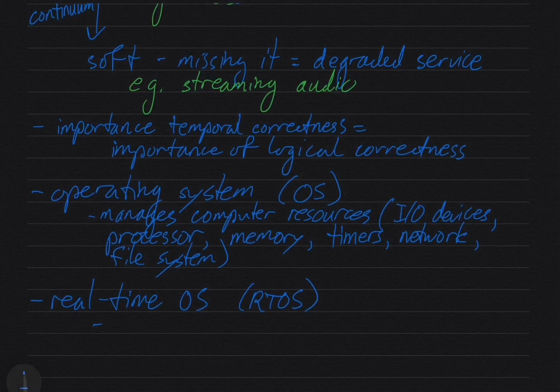So for a real-time OS, it must be able to guarantee deadlines. So typically they'll specify, for a given processor, when an event happens, how long until, say, the interrupt service routine is running, that kind of thing.